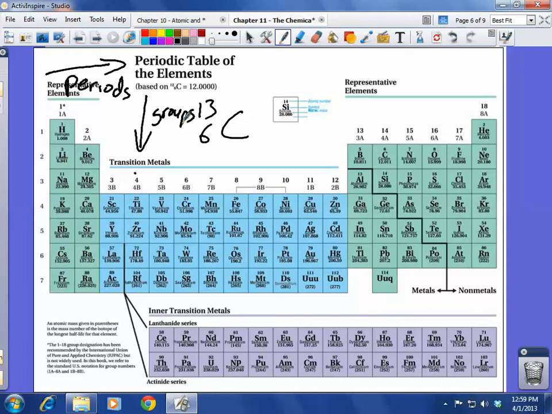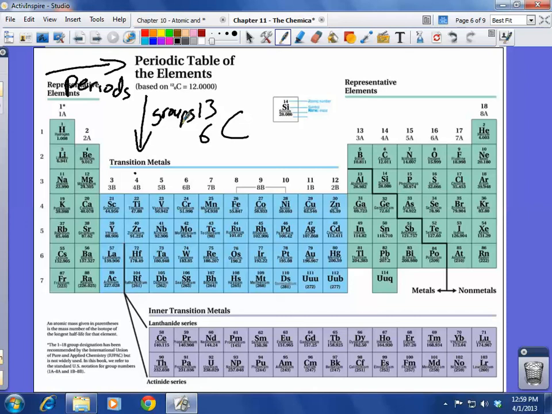Lithium has 3 total electrons, but only 1 of them is on the outside, okay? Beryllium has 2, 3, 4, 5, 6, 7, 8. That one's full. I have to start back over at 1, 2, and so on.